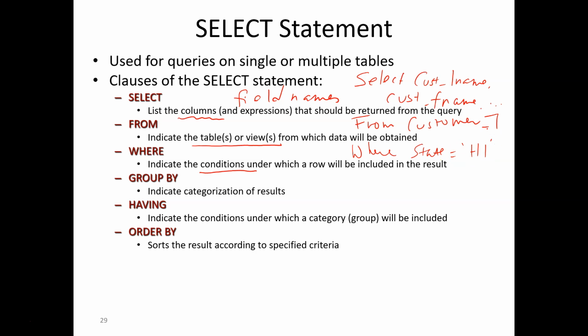One thing I want you to pay attention to here is that I put single quotes around HI. This is for a character field. If you want to match a character field, make sure you put single quotes around the string.